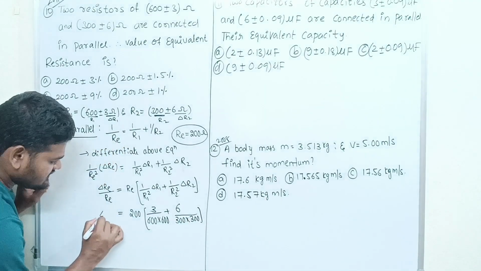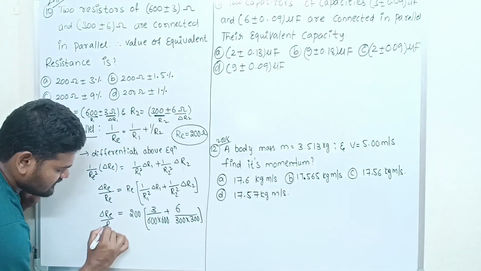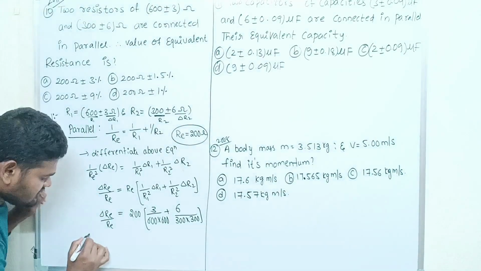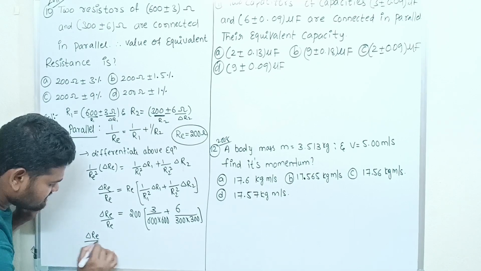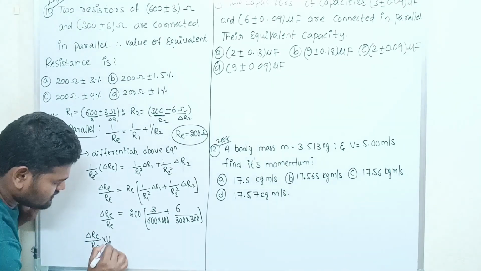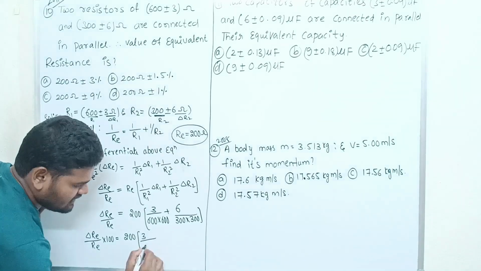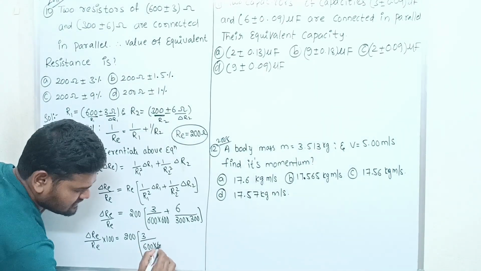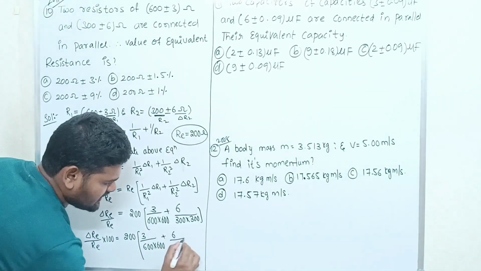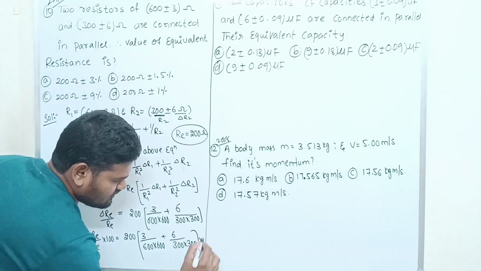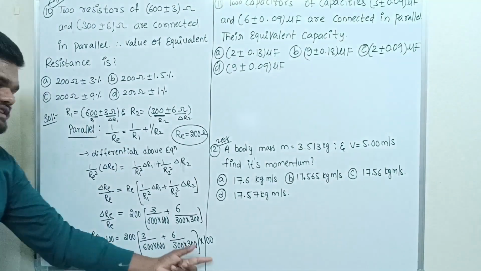So what is this? Delta Re by Re is the maximum possible error. If you want to find the percentage error, just multiply both sides by 100, which gives 200 into 3 by 600 into 600 plus 6 by 300 into 300, into 100, because we are finding the percentage error.